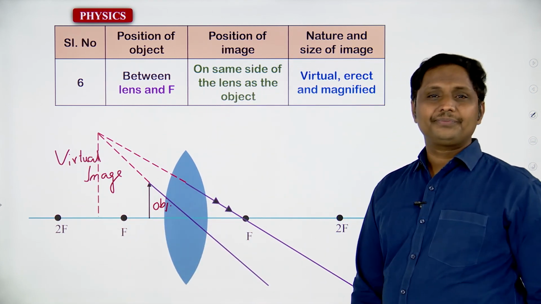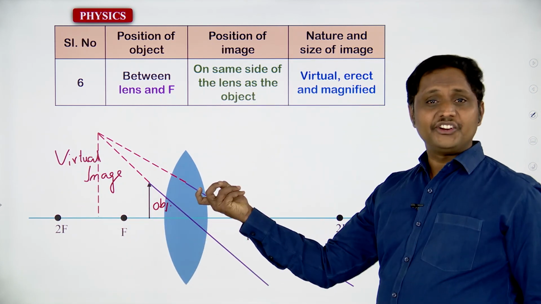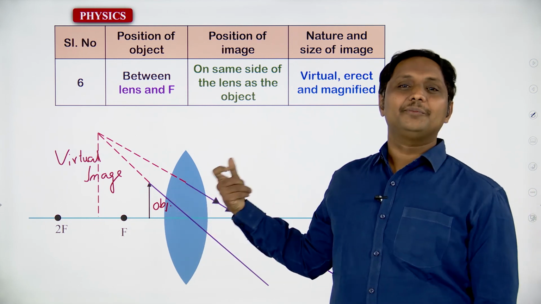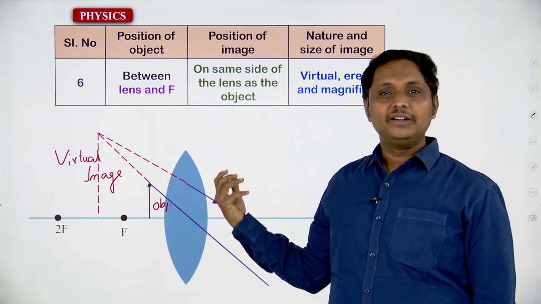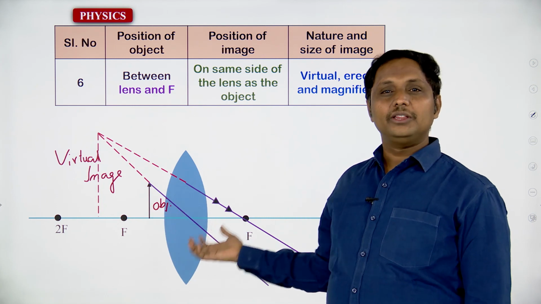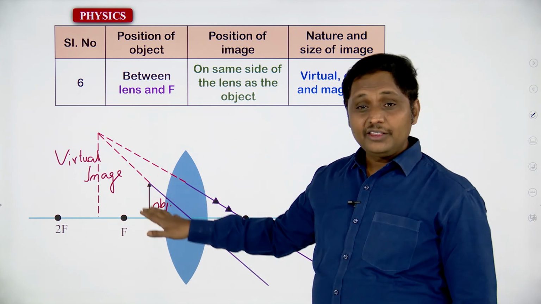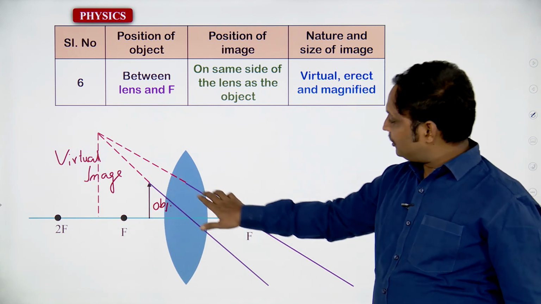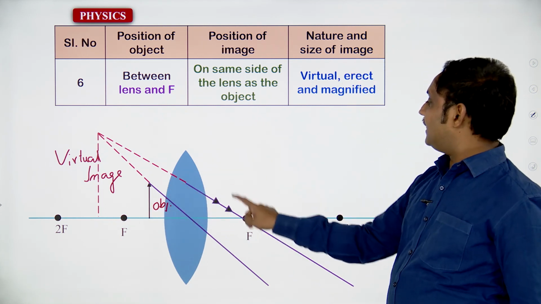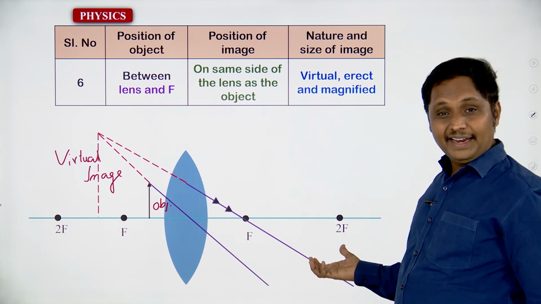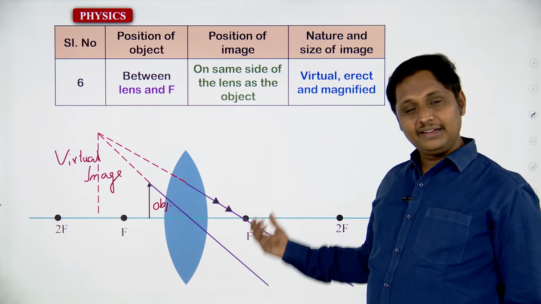Say yes or no? Because of its location, where has it been formed? Is it in the right place or the wrong place? Actually, the light rays after refraction meet somewhere else, in the real place, the correct place.